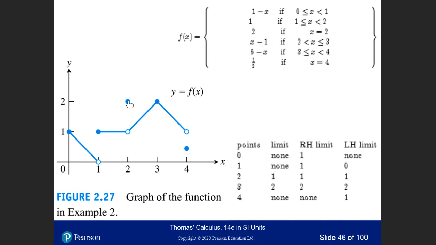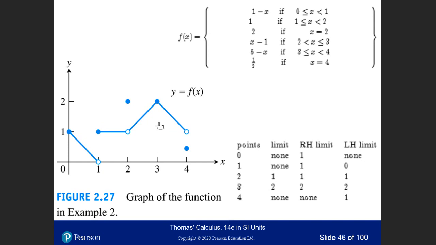Okay? The function value is not the limit, but the limit is 1. So at 2, you have a right-hand limit and a left-hand limit, which are equal, so you have an ordinary limit.